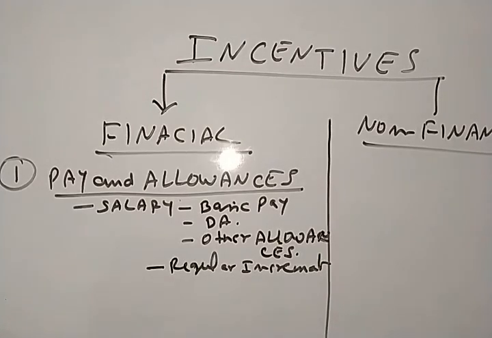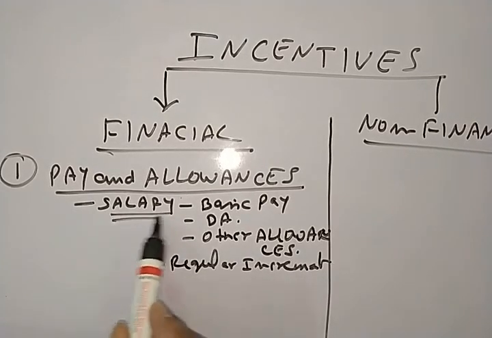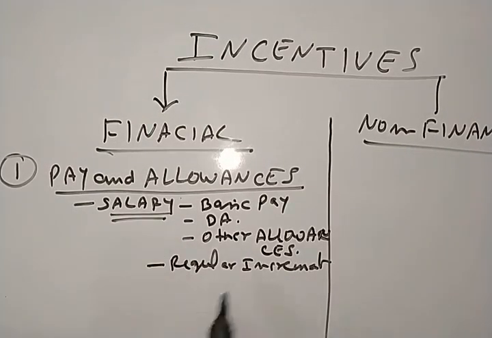So like this, pay and allowances include salary and allowances. Allowances are of many types. It depends upon the organization which type of allowances it gives to its employees.